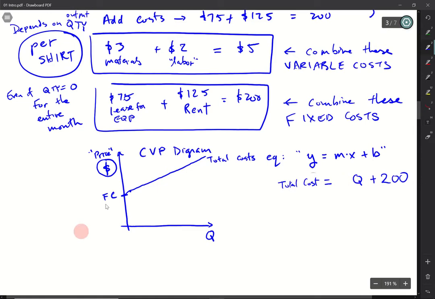So the total cost will be 200. Okay, so we got that anchored down. And how much is it going to increase by?